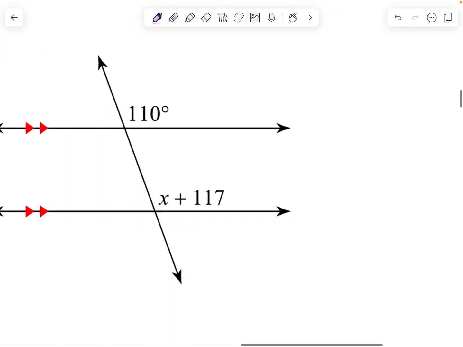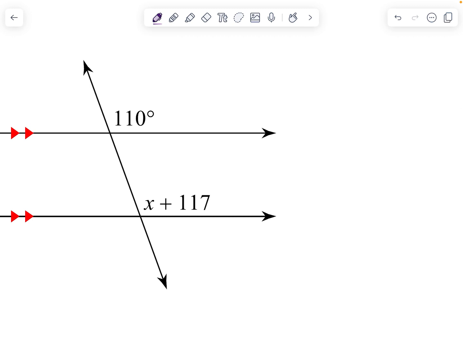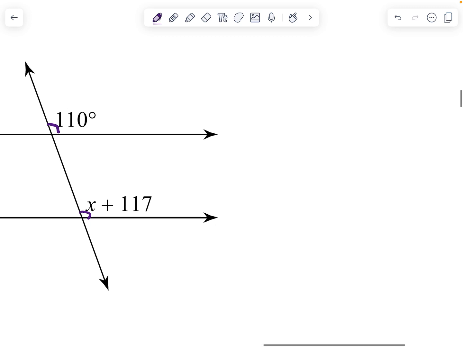Okay, these next two. One is exterior, one's interior. So it's not going to be alternate or same side, interior, exterior. So then that means that this one is in the top right. This one is also in the top right.